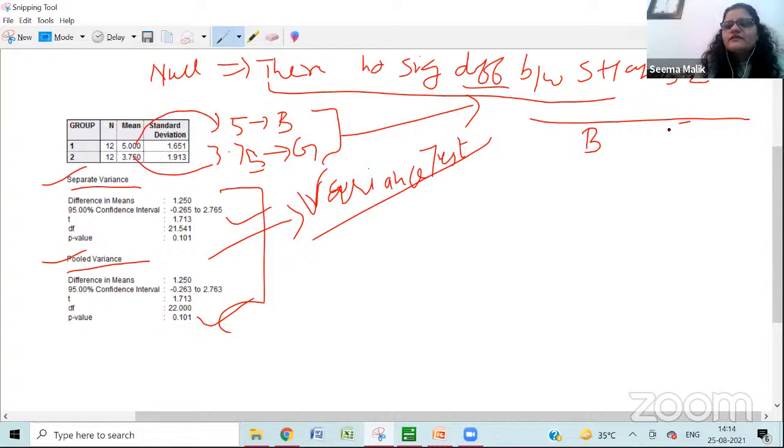5 boys are there and 5 girls are there. I have given a test of 5 marks. 5 boys are there, 1, 2, 3, 4, 5. 5 girls are there. A test of 5 marks is given.